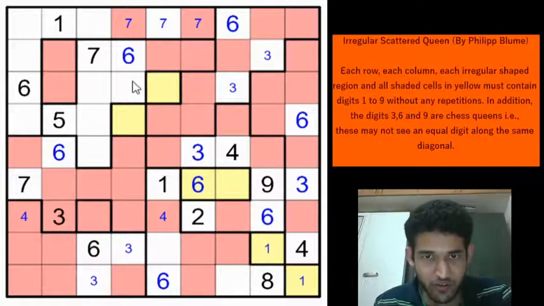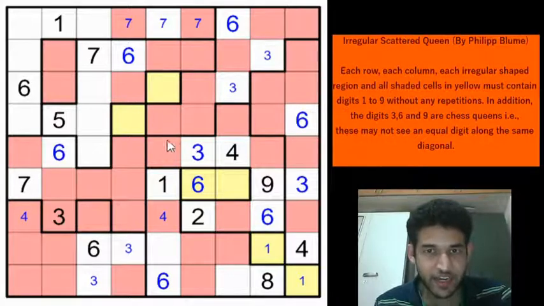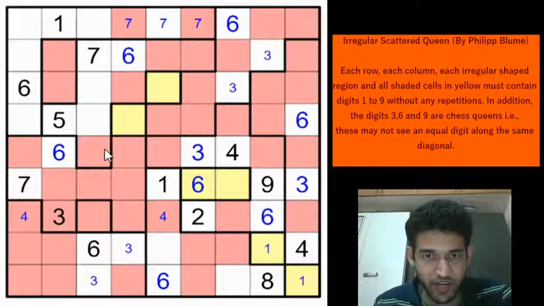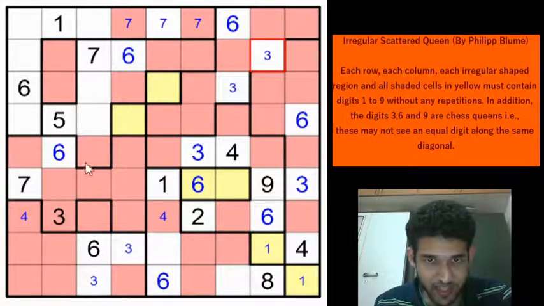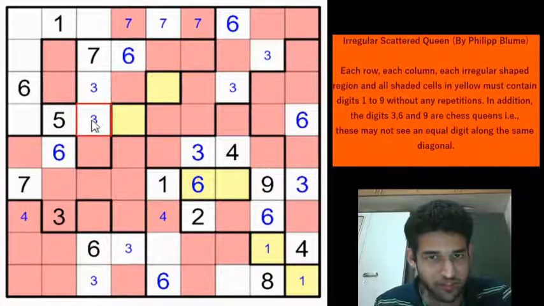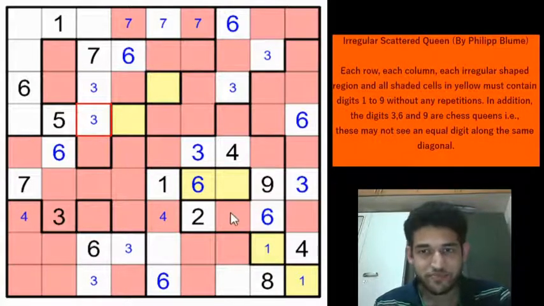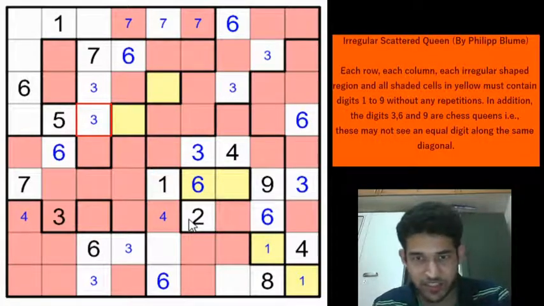And using this 3 you can't have a 3 in this cell because it sees this diagonally, and we can't have a 3 here as well, right? So which means that for this region, right, 3 must be in one of these 2 cells. Beautiful. Really fun Sudoku.